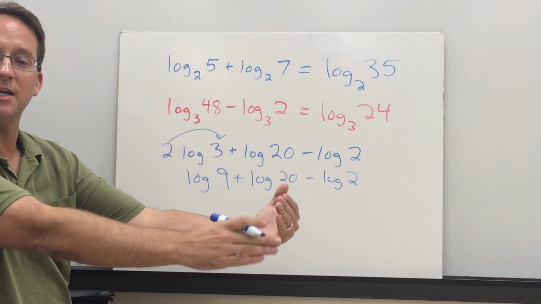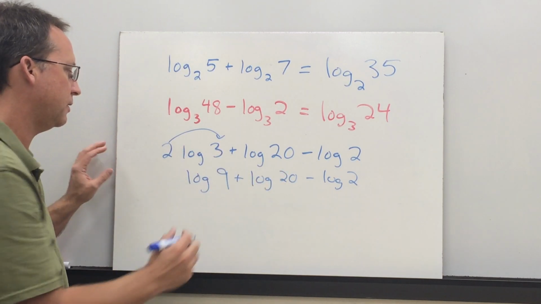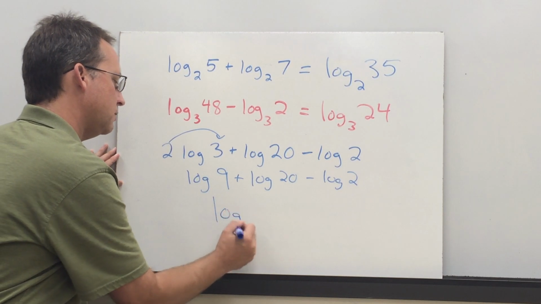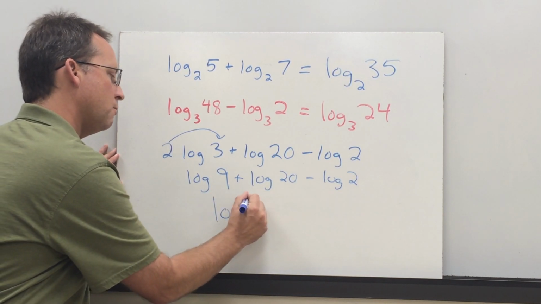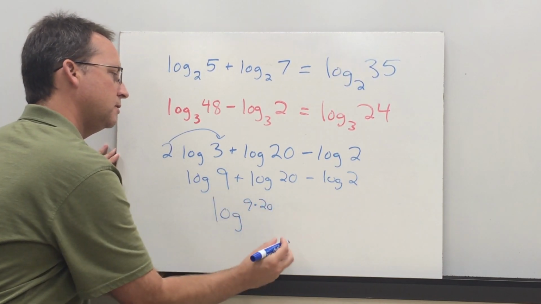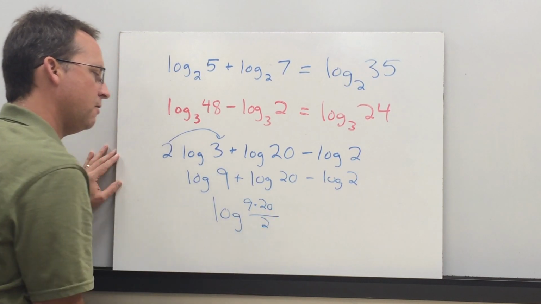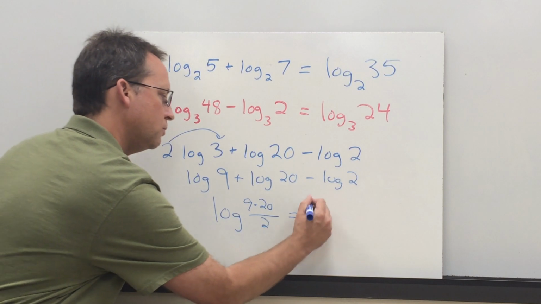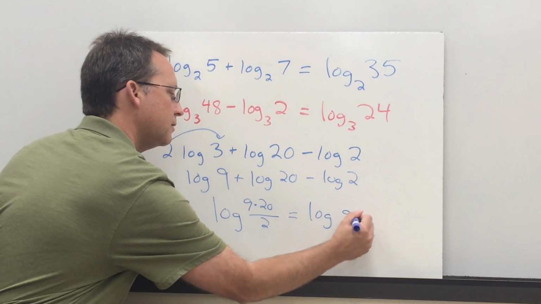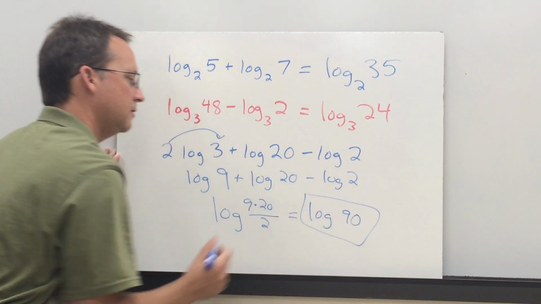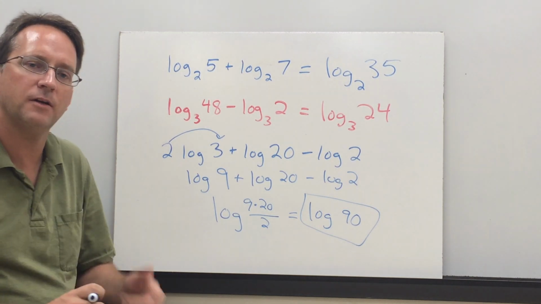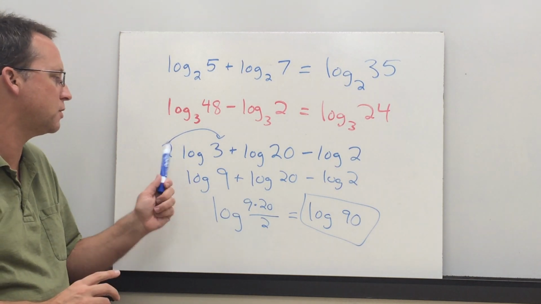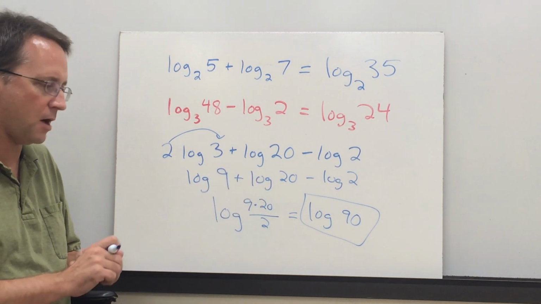Now we can condense all this down into one log. Log base 10. We're multiplying those arguments. We're dividing that argument, and then we'll simplify that. So that's 180 over 2, log of 90. We can simplify that all the way down there. All right, take care of that coefficient first, and then we can combine.